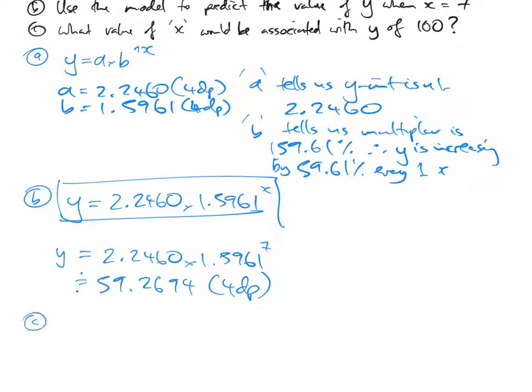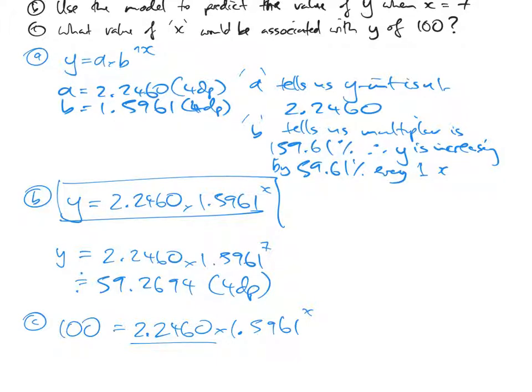And part C, what value of x would be associated with y of 100? This time we're using the model to find what x is. We know that y is 100. The rest of the model is as written, to the power of x. We don't know what x is. So what's the opposite of multiplying by 2.2460? Dividing.